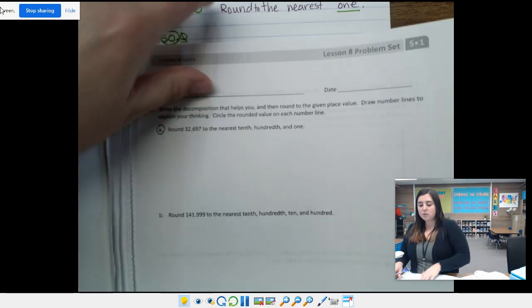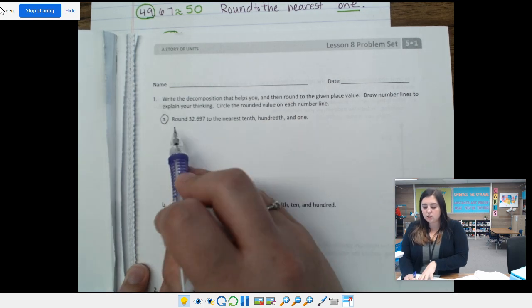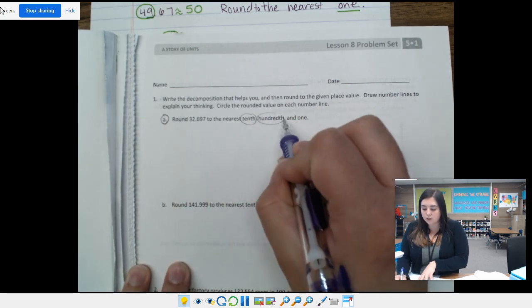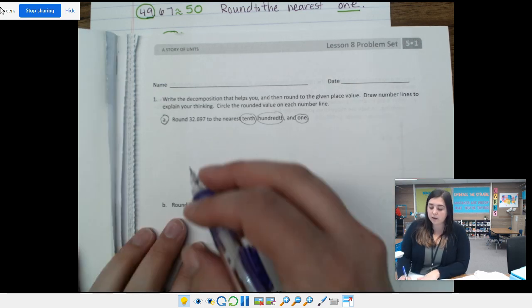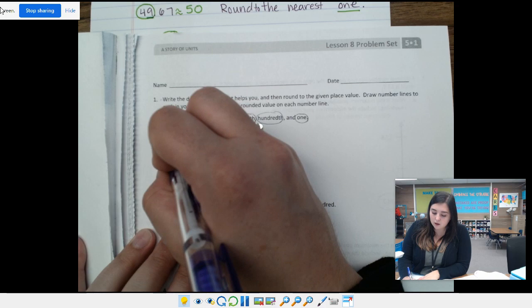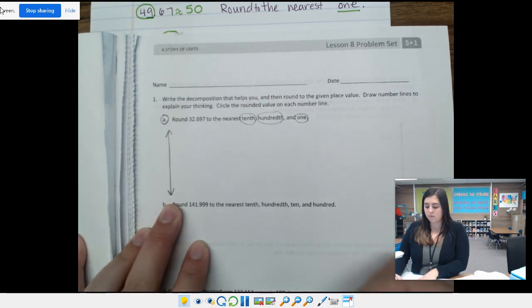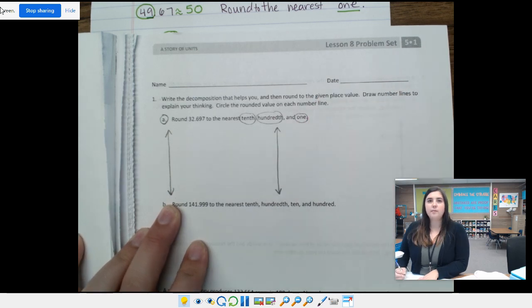And if it helps you here, there's not a ton of room. Since you need to use this number and round to the nearest tenth, hundredth, and 1, if you can write small enough right now, I'd say draw a number line. In the middle, draw a second number line.